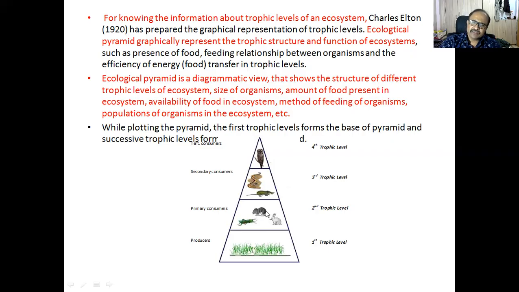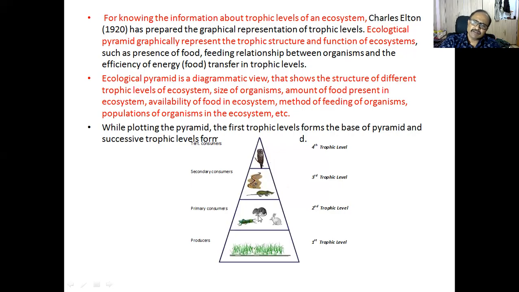It means these primary consumers take food from the first trophic level. The secondary trophic level is taken over the first trophic level. Then the third trophic level over the second.